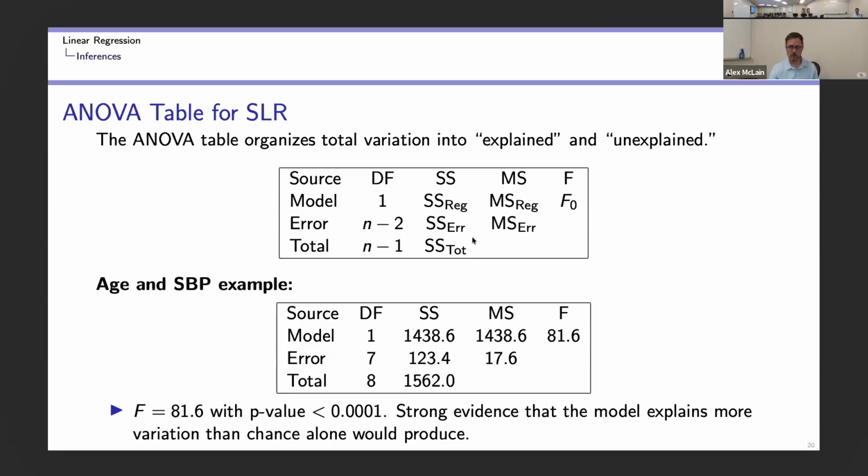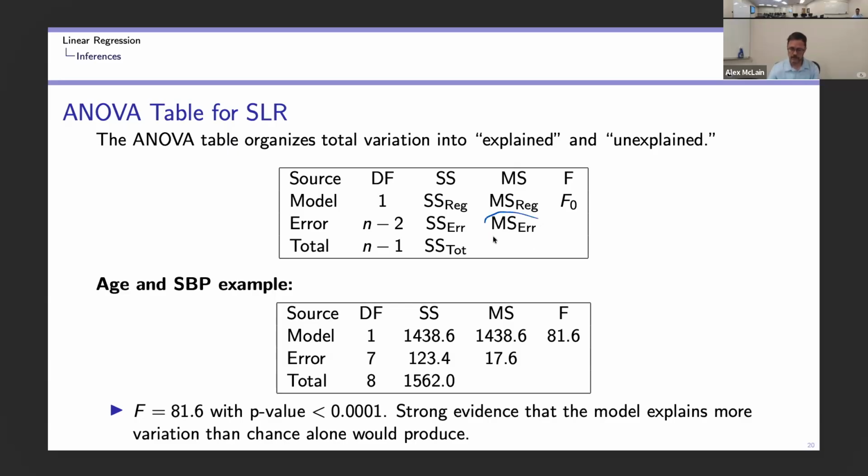So it splits the total variation in the outcome into how much is explained by our regression model and how much is left over in the error term. And the ratio here is going to give us that coefficient of determination, the ratio of the SS reg to the SS total.